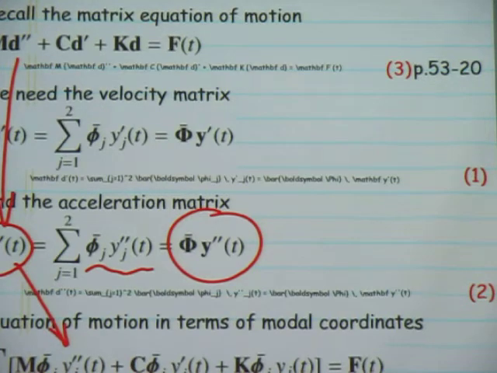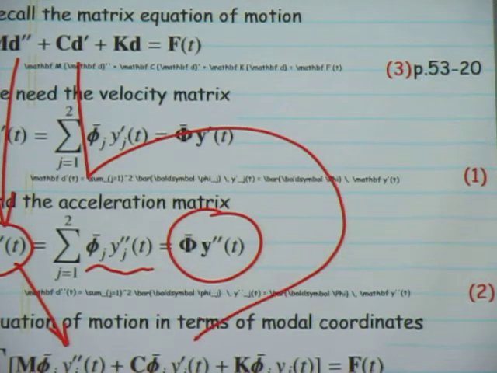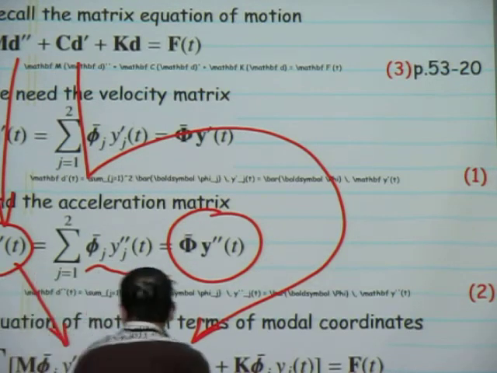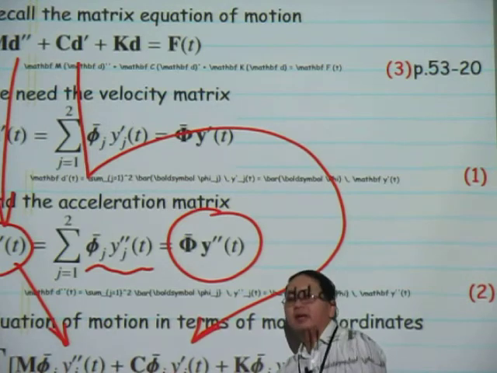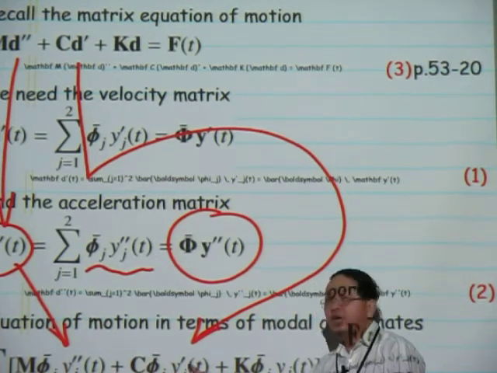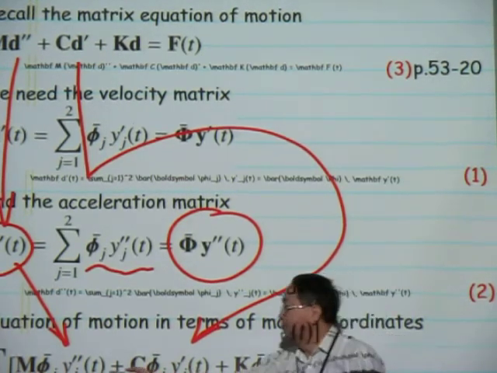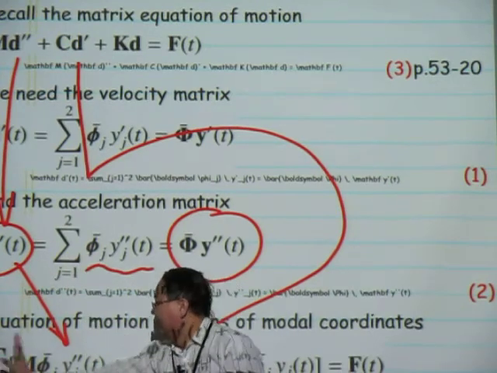Whereas the velocity would be similar to the acceleration, but with the damping matrix. You have the normalized eigenvectors, but you have yj prime here. The summation is just pulled out.